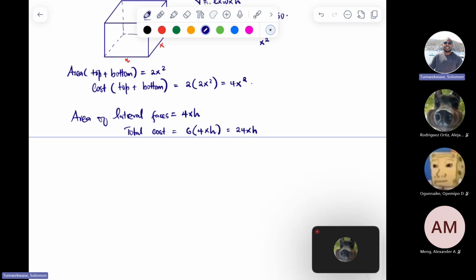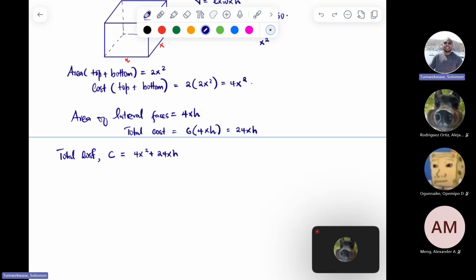So what will be the total cost? Total cost is some function, let's call it c, and this function is the cost for constructing the bases plus the cost for constructing the lateral faces. So this is the same as 4x squared plus 24xh.